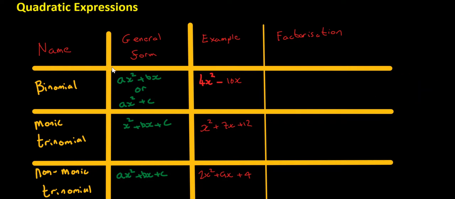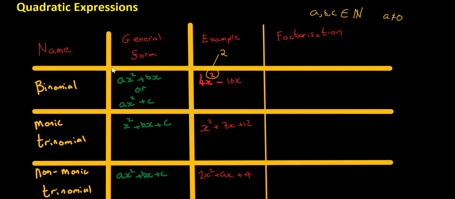So for all the quadratics here, a, b, and c are members of the natural numbers. And the natural numbers do not include 0. So a is not equal to 0. So we've got a simple binomial expression here, quadratic because the power is 2.